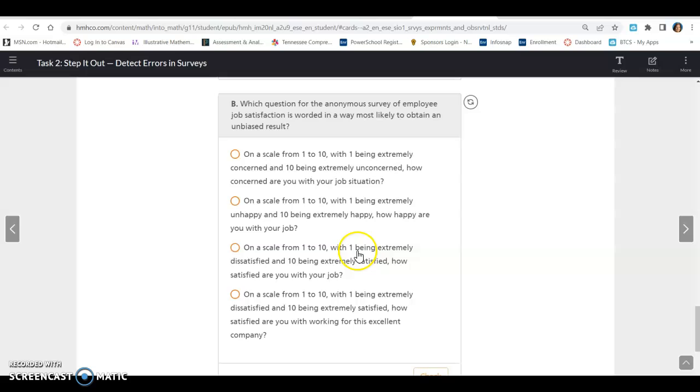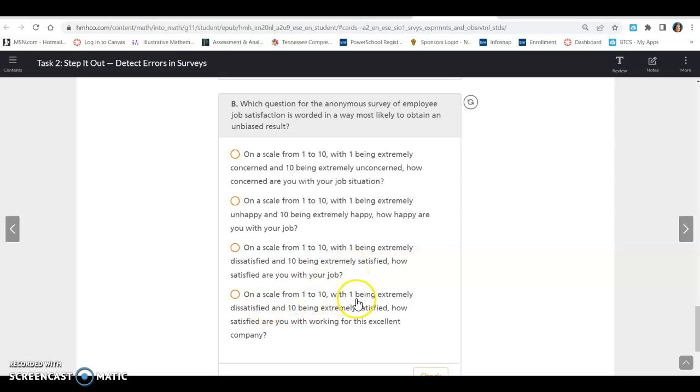And on a scale from 1 to 10, with 1 being extremely dissatisfied and 10 being extremely satisfied, how satisfied are you with your job? Up here it's talking about job satisfaction. So right now I'm leaning towards dissatisfied and satisfied here.